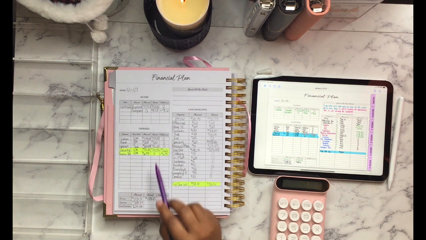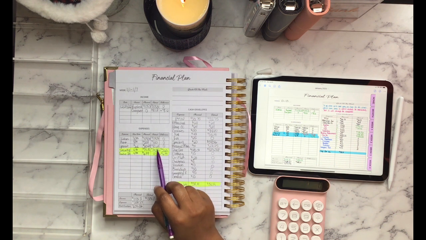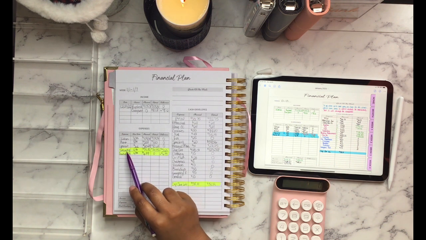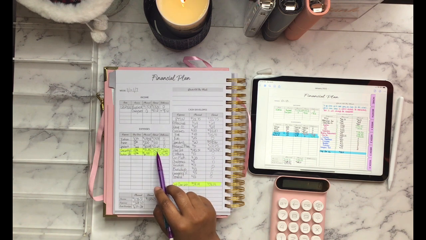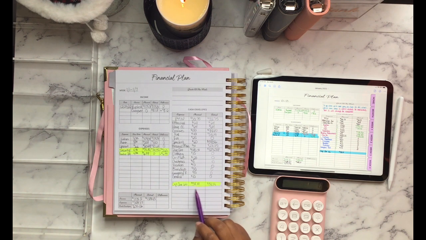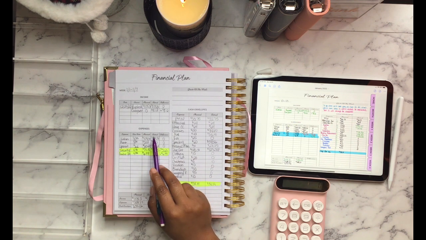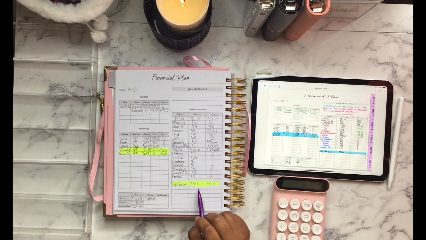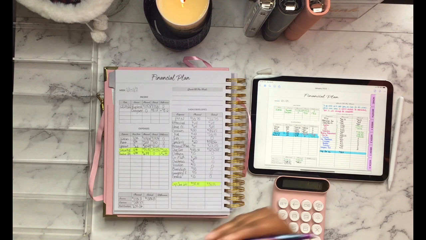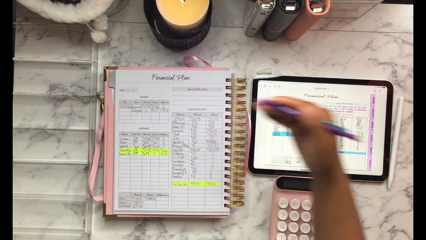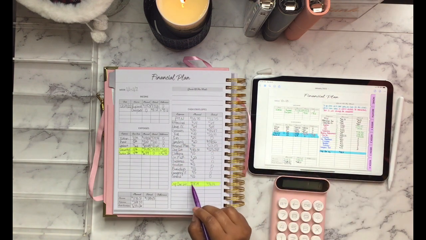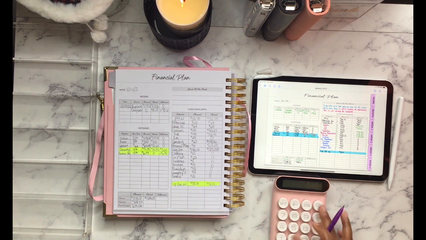So when I calculate my actual expenses here, I don't calculate this actual bill amount. I calculate what I actually paid to cover that bill, because if it came out of my bank account, then I would record the actual bill amount down here. But what I actually took out of my bank account to cover that charge remained the same, right?